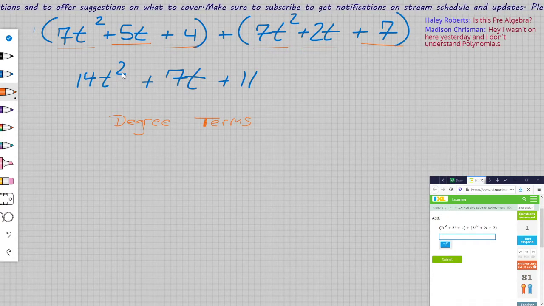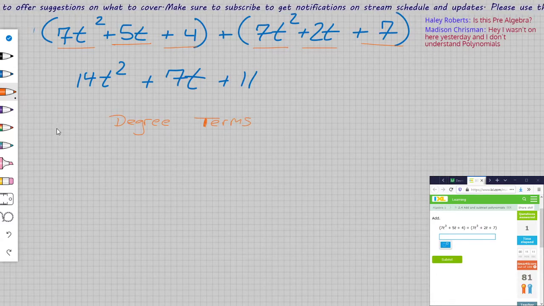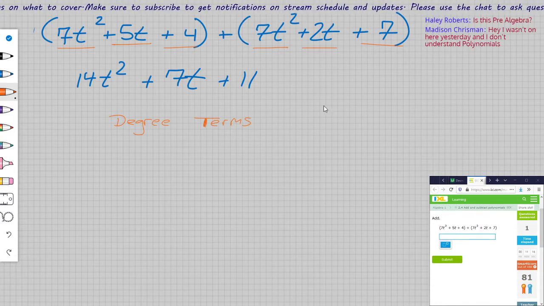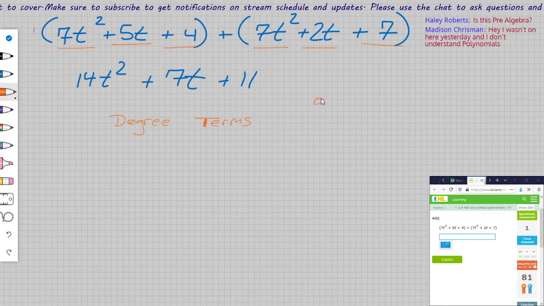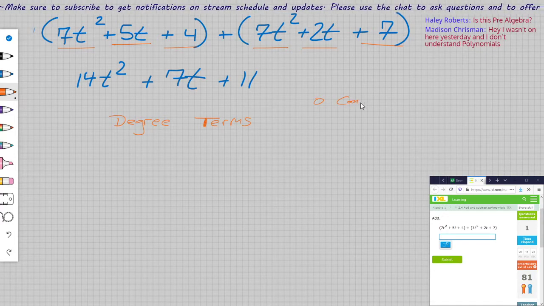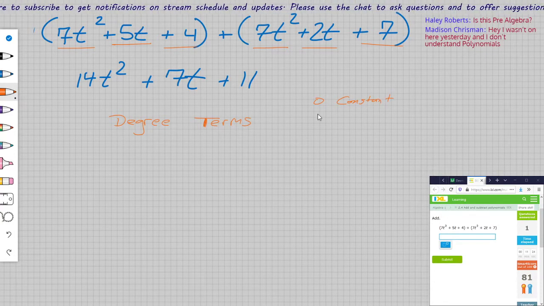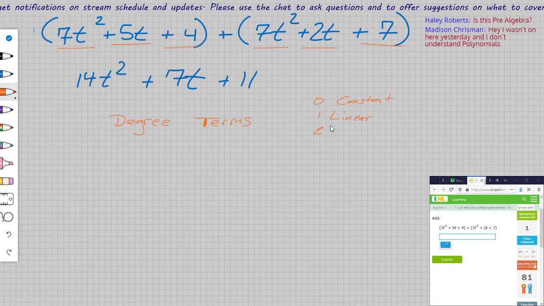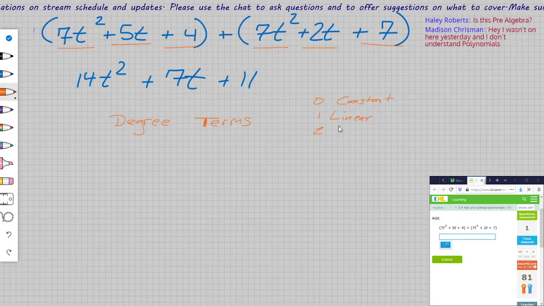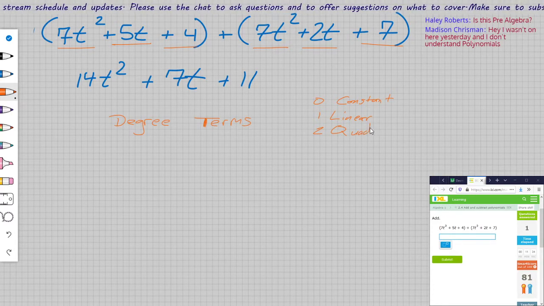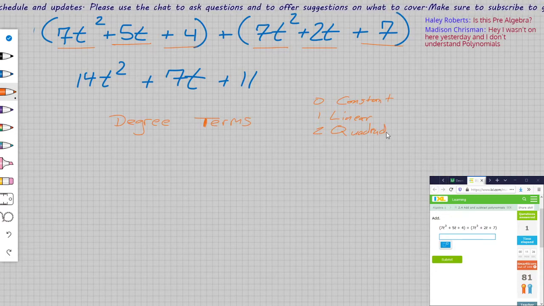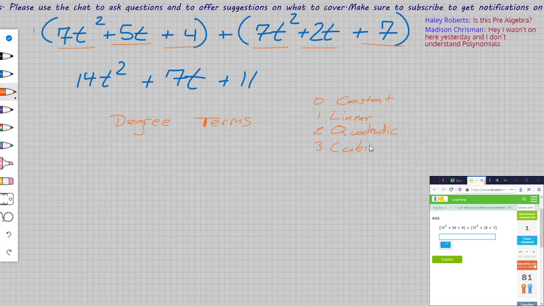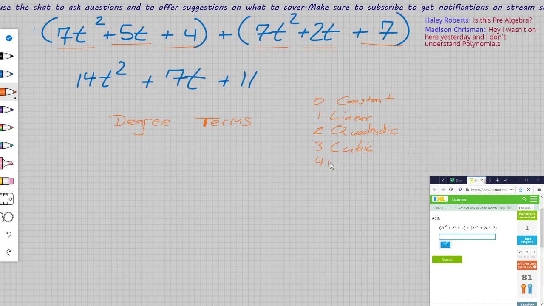So the degree is going to be 2. Remember, if you have a degree of 0, it's constant, 1 is linear. Let me write that over here. So your degree is 0, constant, 1 is linear, 2 is quadratic, 3 is cubic, and then 4 and more, you just name it off the numbers.